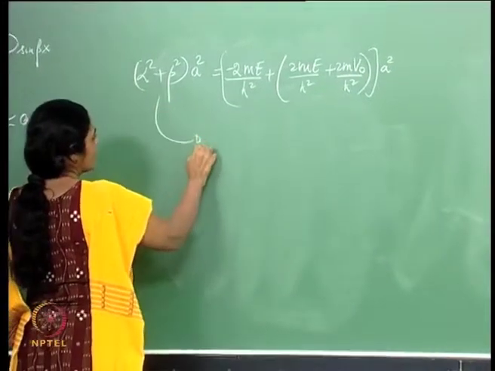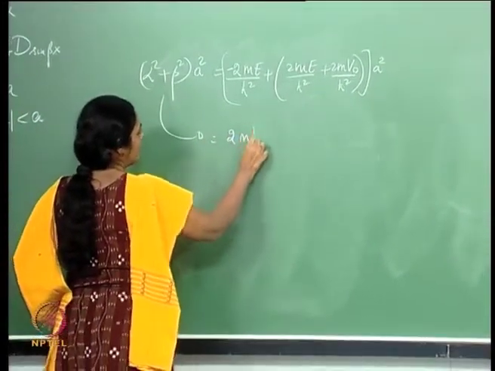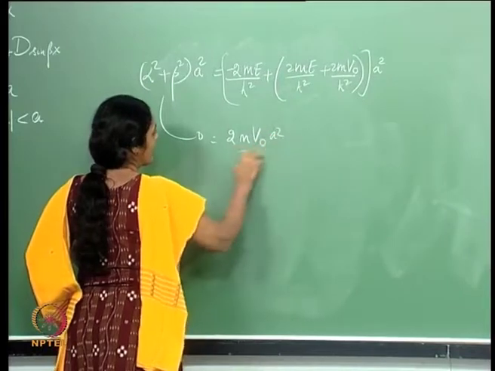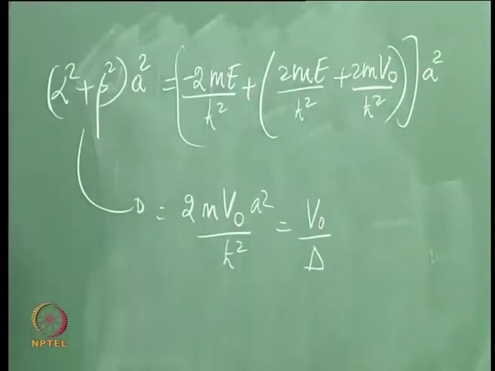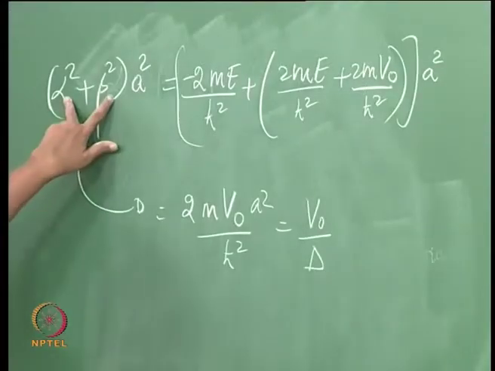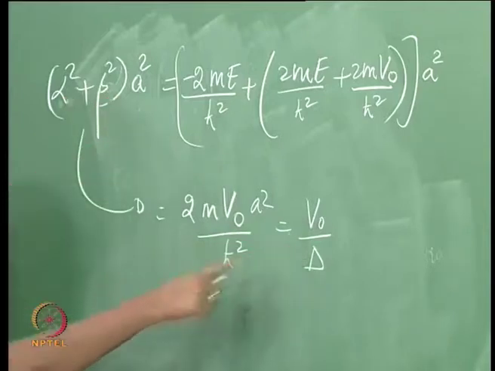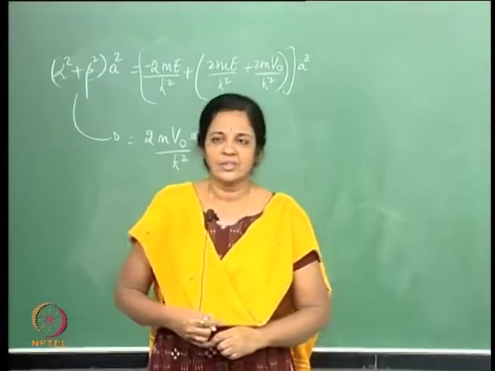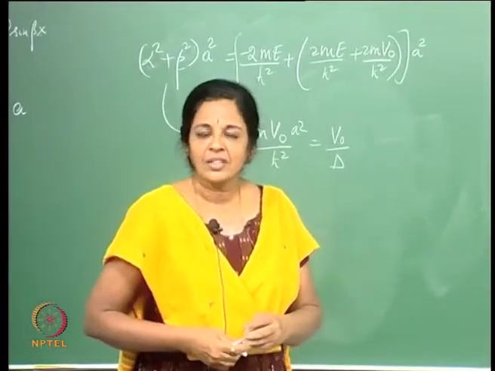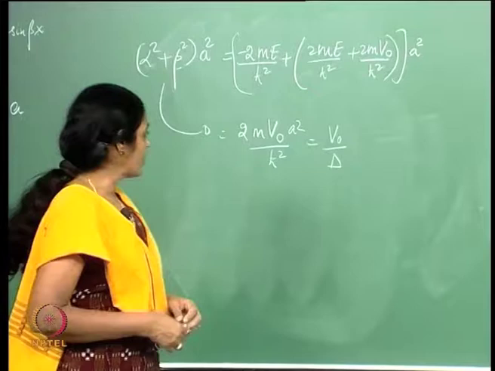So, this object is simply equal to 2mV naught A squared by h cross squared, but that is the same as V naught by delta, where delta was h cross squared by 2mA squared. So, here is a dimensionless quantity that is equal to another dimensionless quantity V naught by delta, which is the strength of the potential. So, that is the significance of alpha squared plus beta squared times A squared.